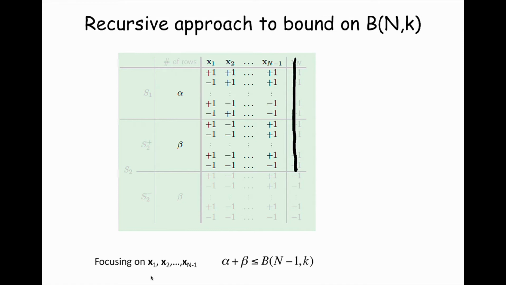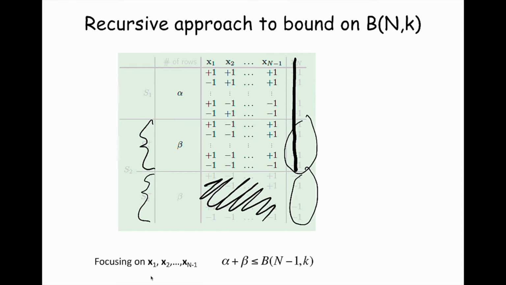By our definition, S2 plus and S2 minus differ only by that nth position. Therefore, if you're not considering that nth column, you can only have one copy. So we're just going to not include S2 minus. We're going to count as unique dichotomies the labelings of +1 and -1 for n minus 1 positions. We're only going to count the dichotomies from S1, which were unique, and S2 plus. It didn't matter if we picked S2 plus or S2 minus, but in this convention, because it mirrors the book, I'm going to pick S2 plus, okay?